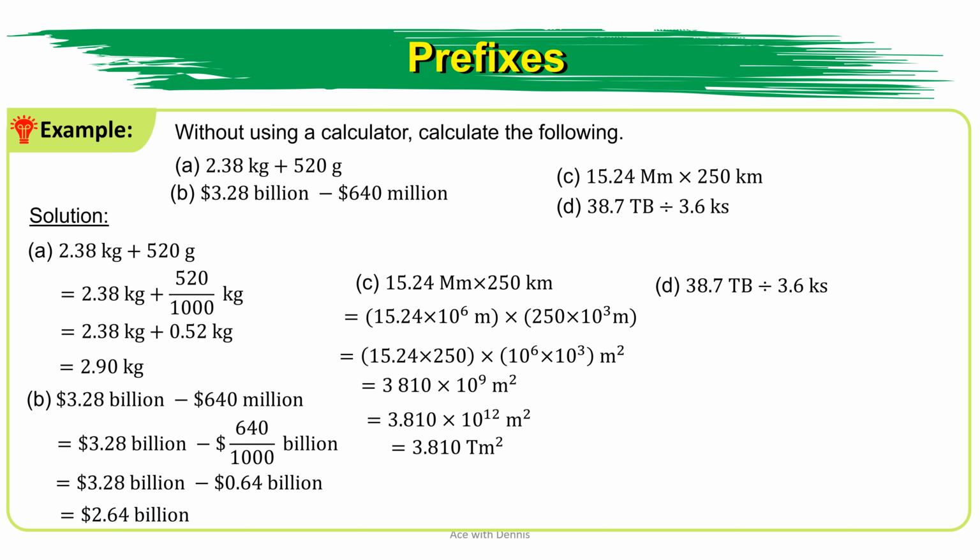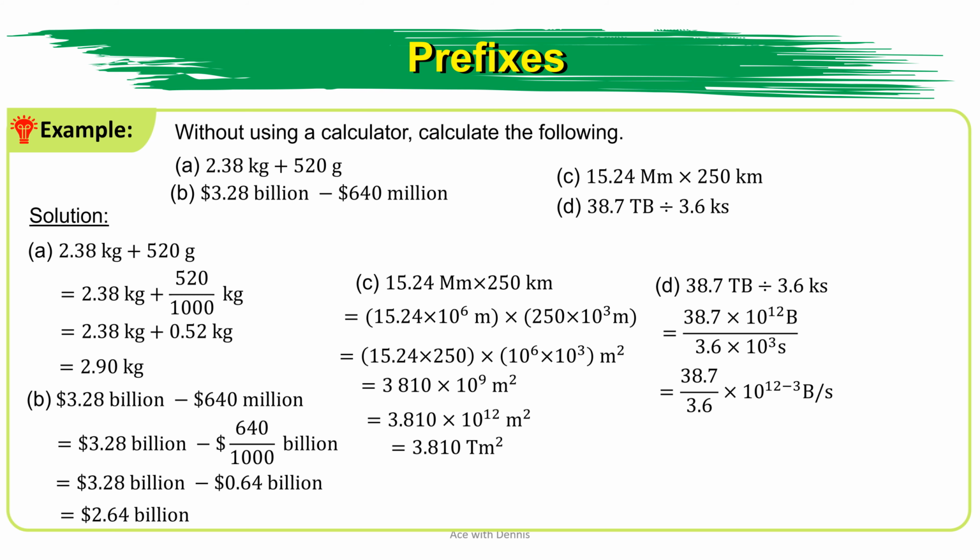For D, 38.7 terabytes divided by 3.6 kiloseconds. So we can change it into a fraction, which is 38.7 times 10 to the power 12 bytes over 3.6 times 10 cubed seconds. After that, we divide the numbers, 38.7 over 3.6, and the powers of 10. We just subtract the powers as it is a division.